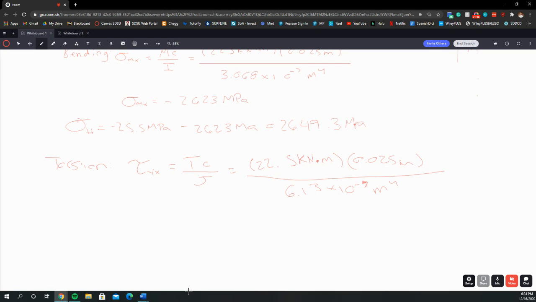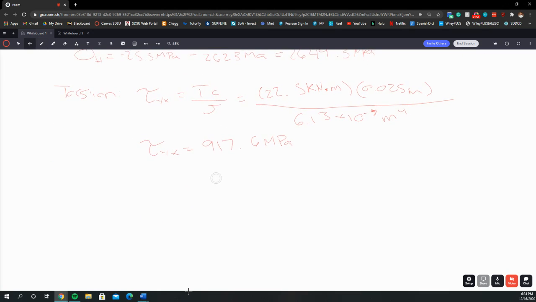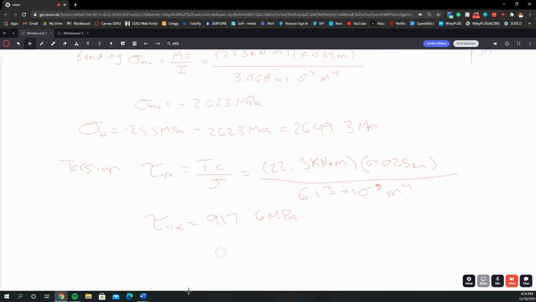All right. Plug that in. Tau yx equals 917.6 megapascals. All right. So that's going to be our only shear stress that we have to worry about.